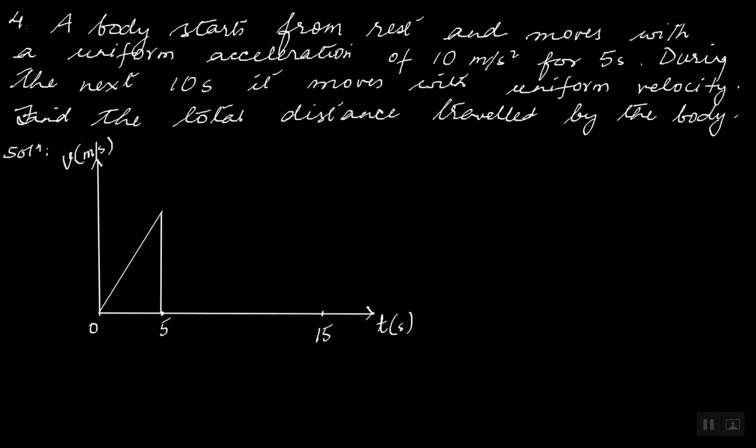Got it? So during that 10 seconds duration, it is going with uniform velocity. Okay, so basically this is the graph out here. Let me just draw one more vertical line. Okay, let me rub off this part.